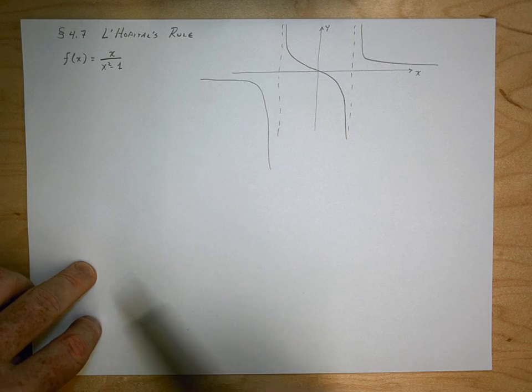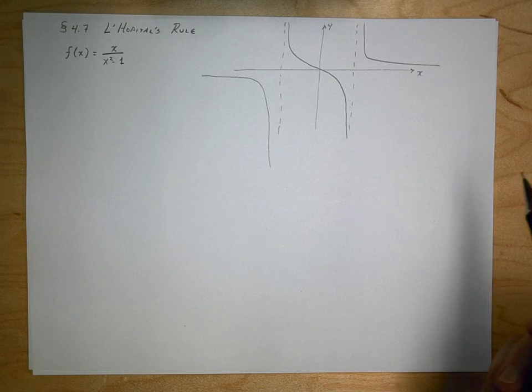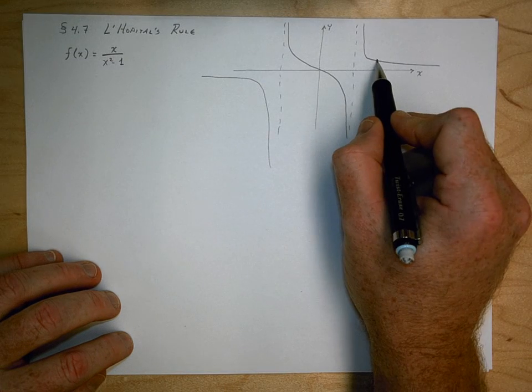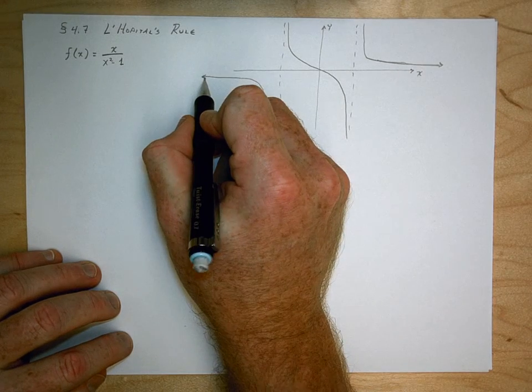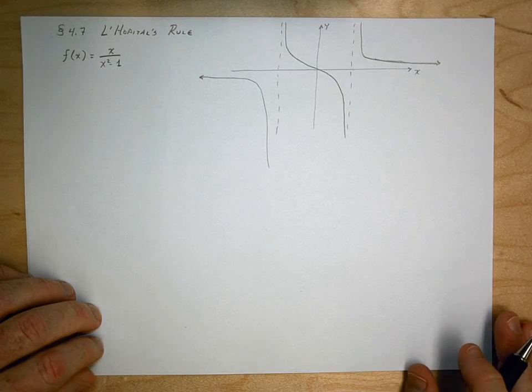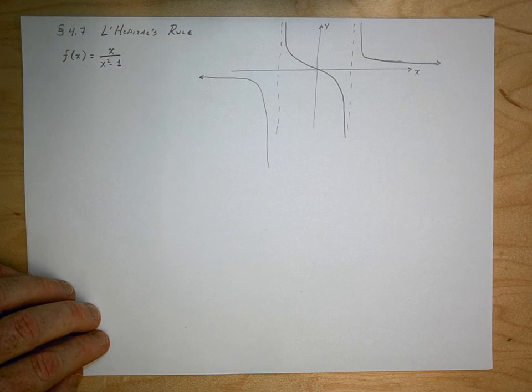Now, when we talked about this last time, I didn't get terribly specific about what goes on with the function as it trails off this direction or as it trails off that direction. I was a little hand-wavy about that, and this is a really good time to talk about this in more detail.